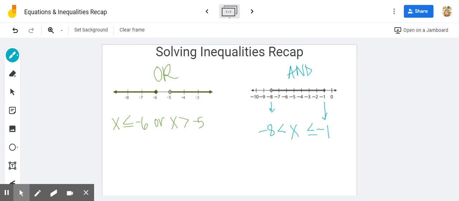Or, guys, you could write that x has to be bigger than negative 8, and x has to be smaller than or equal to negative 1, depending on the shading. From negative 8, you're shading to the right. From negative 1, you're shading to the left. So either one of those answers would be acceptable.